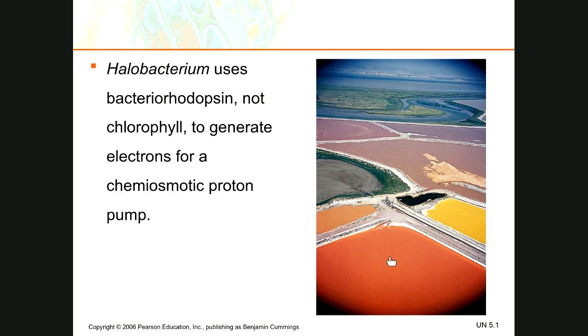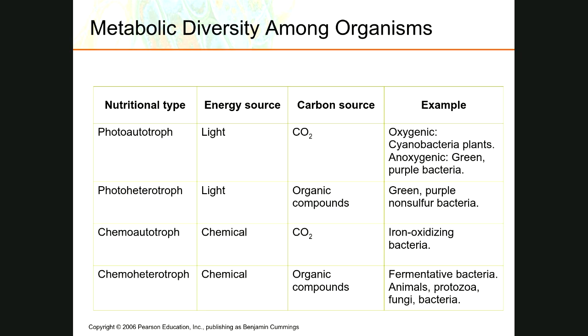So when it comes to photosynthesis, it's primarily the plants that produce oxygen. Almost none of the bacteria that are photosynthetic make oxygen. A small group, the blue-green algae, do make oxygen, but most microorganisms do not if they photosynthesize. So we can classify all forms of life based on nutritional type.